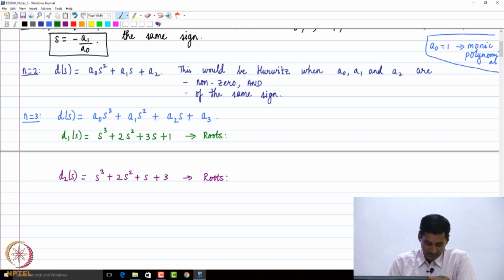What can you observe as far as the first example is concerned? Of course, both have 3 roots, since both d1 and d2 are third order polynomials. What can you say about the 3 roots of d1? All have negative real parts. Then what can you say about d2?